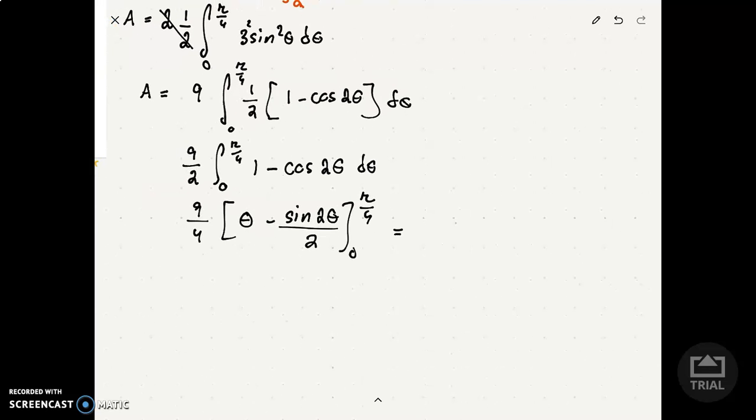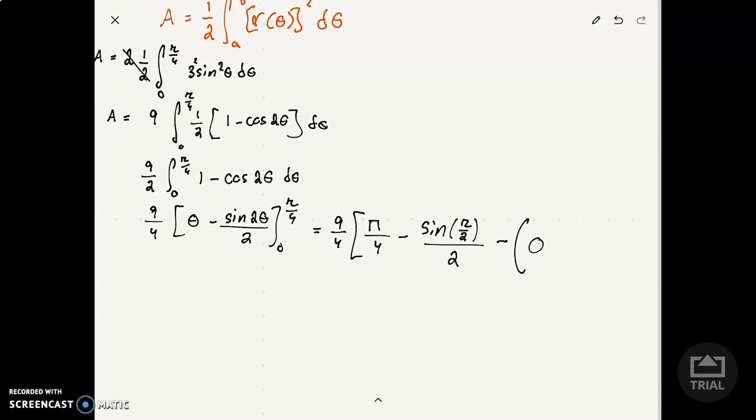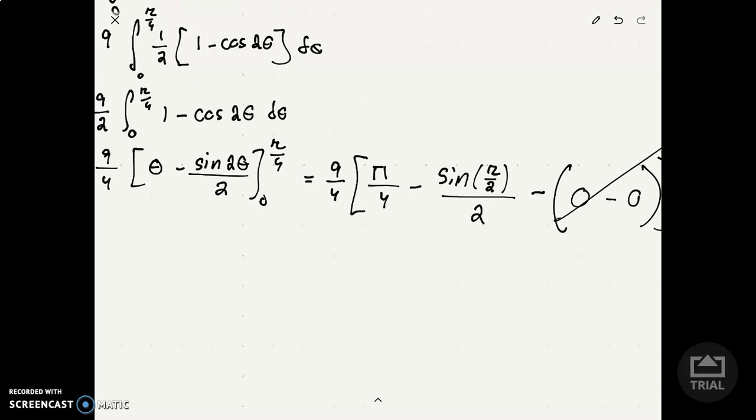Okay, moving forward, let's plug our bounds in. We'd get pi over 4 minus, well, 2 times pi over 4 is pi over 2, and then evaluated at 0, 0 minus sine of 0, which is 0. So that contributed nothing.